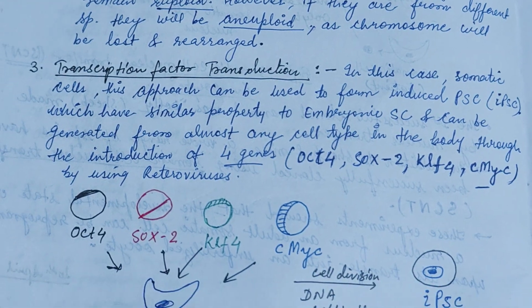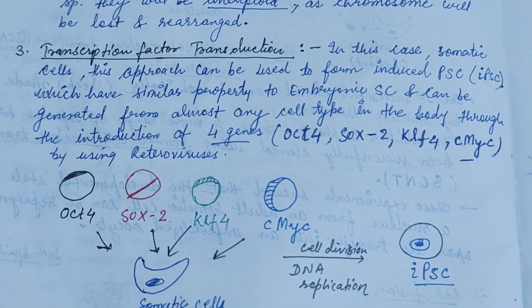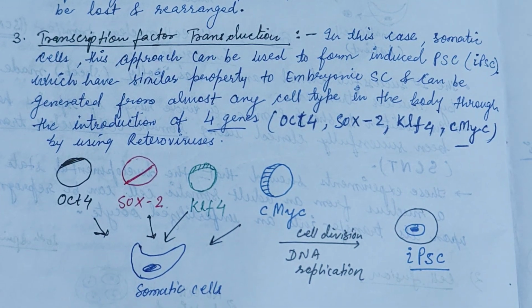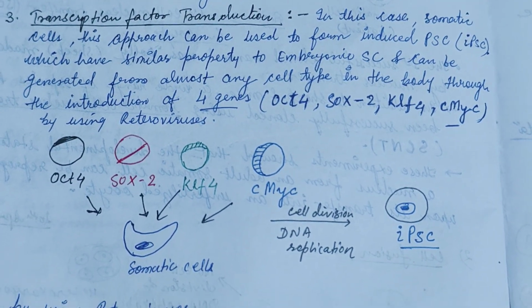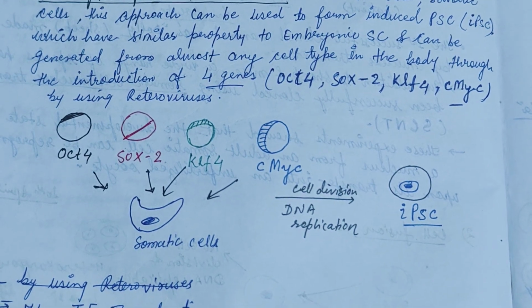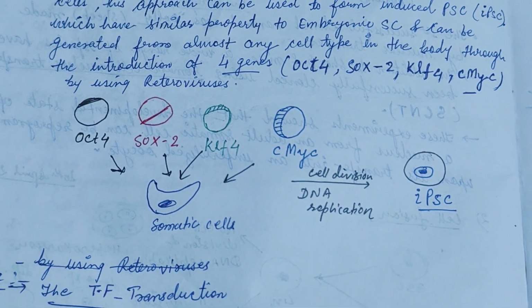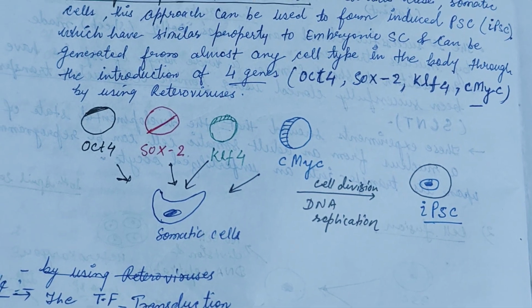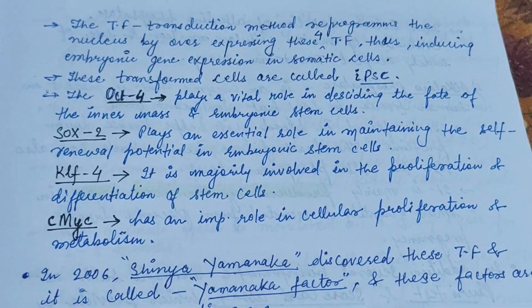Next one is transcription factor transduction. In this approach, somatic cells are used to form induced pluripotent stem cells, which have similar properties to embryonic stem cells and can be generated from almost any cell type in the body through the introduction of transcription factors. In this, four genes are used.